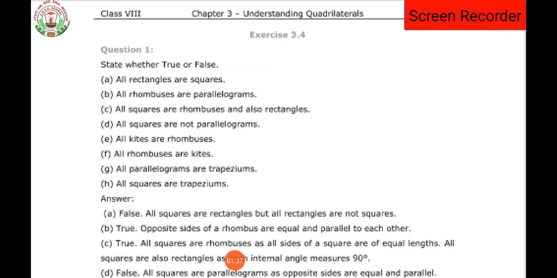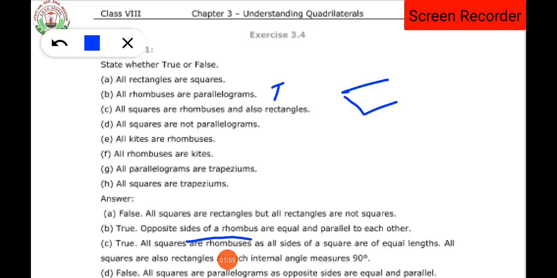Second, part B statement: all rhombuses are parallelograms. Yes, it is true. This one is a true statement. The reason behind this is that opposite sides of a rhombus are equal and parallel to each other.